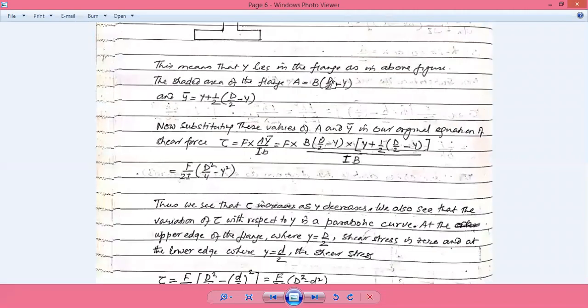Y is supposed to be somewhere over this line jk. So the area is this width as well as this thickness of the flange itself, and y bar is equal to y plus half of d by 2 minus y.